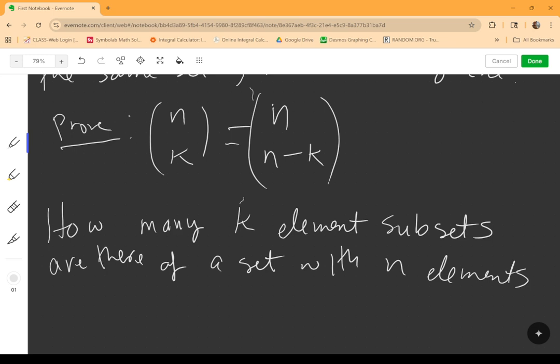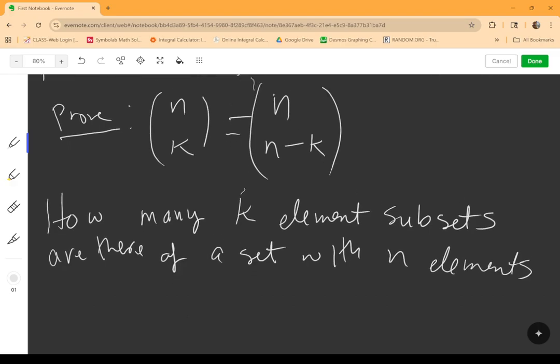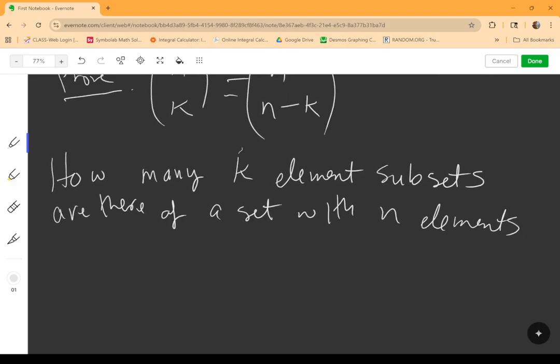That is the counting question I'm set to ask here. The first answer, which is our left side of the equation, answer number one, is choose which k elements to include.